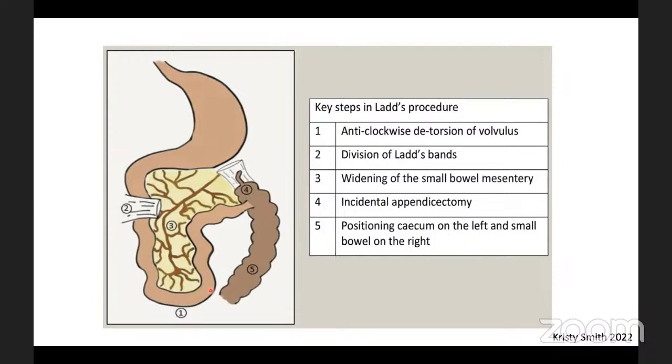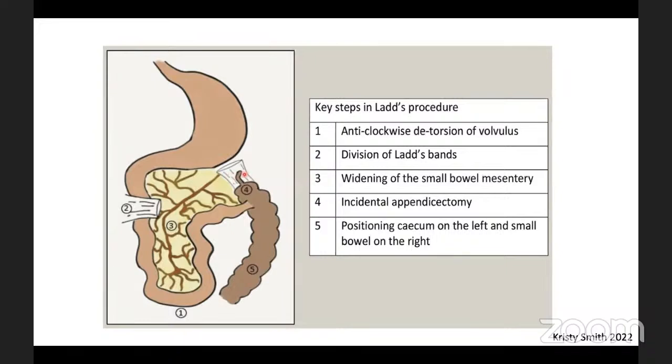So I just include these slides. Whenever there is a LAD procedure, there are 5 things that need to be done. One is we have to untwist the torsion, divide the LAD band, and then widen the mesentery and fix it. And then they also do the appendectomy.